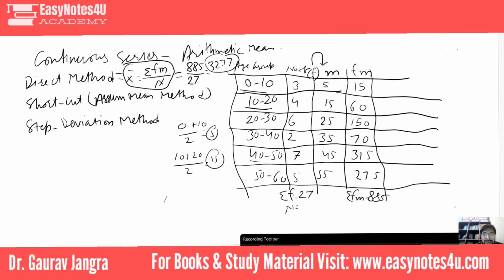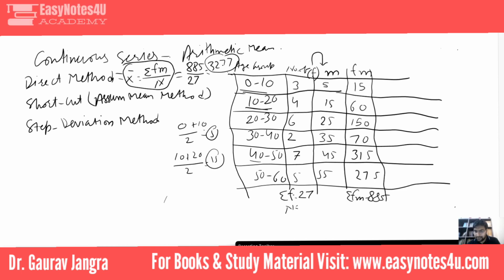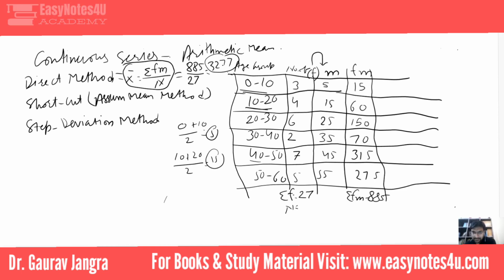Now the assumed mean method, we will use the same formula and same method that we did last time. So you can solve it. How can you solve it? See, wait a minute.